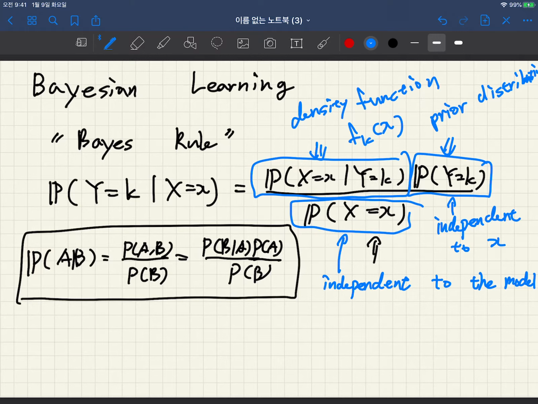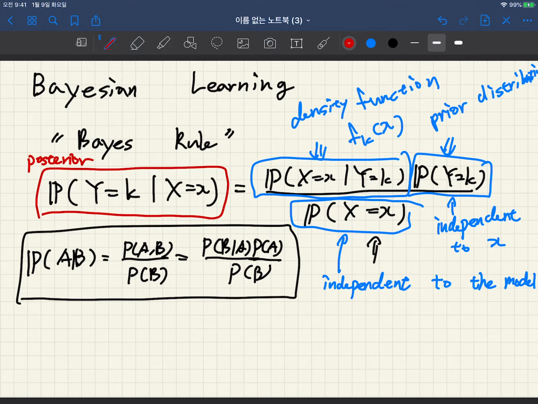No matter which input you get, the prior distribution is always the same, which is given to us before we observe something. So this is called prior knowledge or prior distribution. And accordingly, this is called posterior distribution or posterior knowledge.